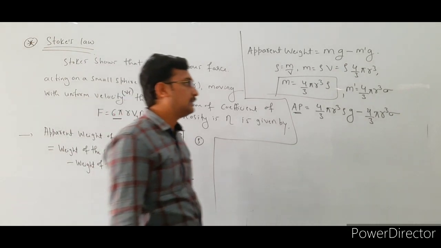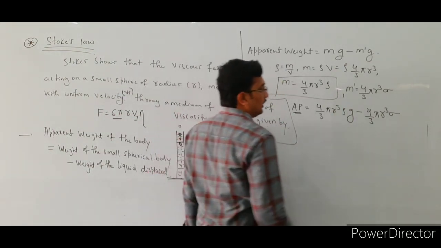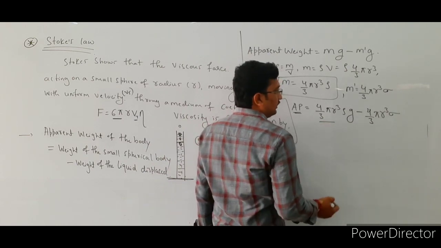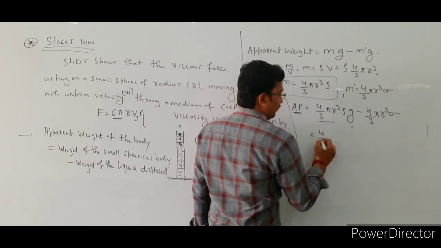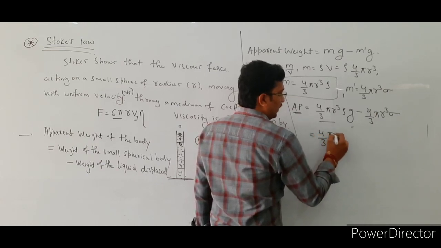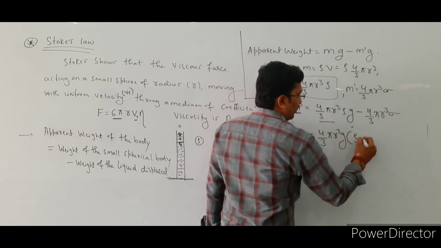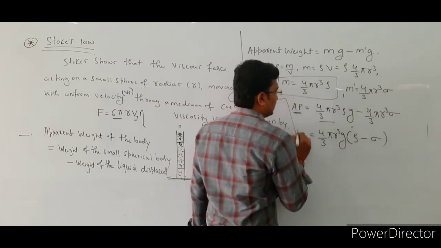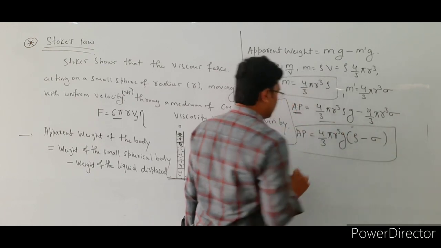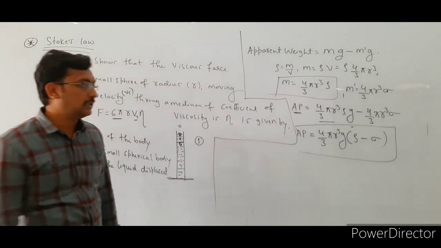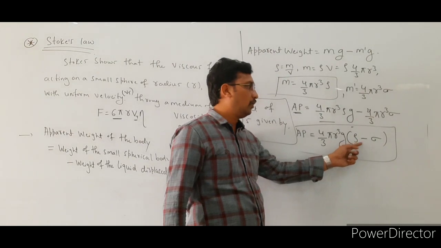Here sigma indicates the density of the liquid, and rho indicates the density of the solid body. Take 4 by 3 pi r cube and g as common terms. So the apparent weight of the body is 4 by 3 pi r cube into g, bracket rho minus sigma.